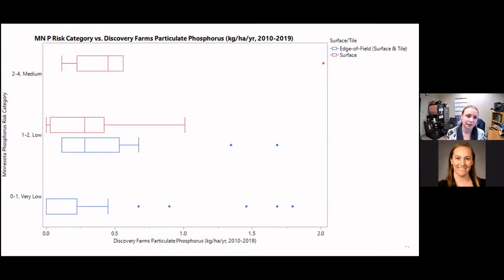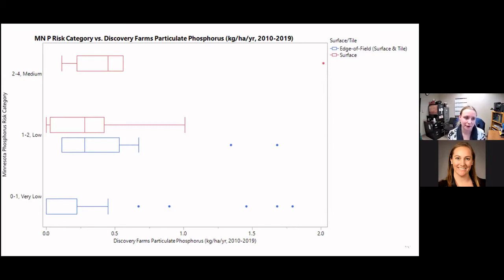And then looking here at Discovery Farms' particulate phosphorus yield, ranging from 0 to 2 kilograms per hectare per year across these same years, we see that the very low steps up to the low, but then drops down to the medium category, which again is not really what we would expect.